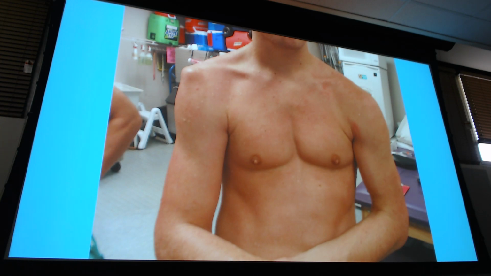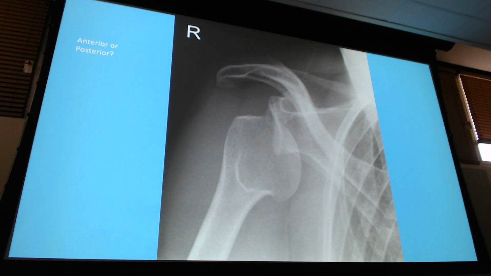I can probably tell you from looking at it, but there's your dislocation. Is it anterior or posterior? We can't tell. Which means on the exam, if I wanted you to tell me whether this is anterior or posterior, I would have to give you more than one picture. I can't just give you this and have you tell me.